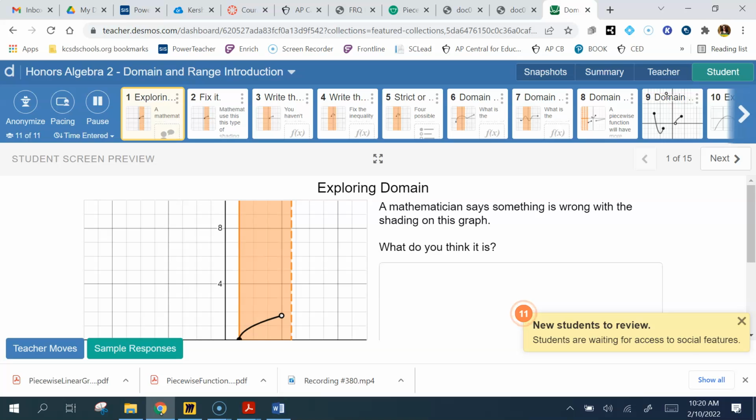Like this first one, he's saying, if you see a dashed line, that means does not include, and if you see a solid line, that means does include. He's saying something's wrong with the shading on this graph, that the domain is not correct. So you will answer what you think is not correct, and type it in there. And then on the next slide, you're actually going to fix it to say what you think the correct domain is.